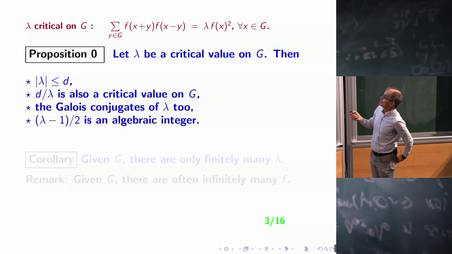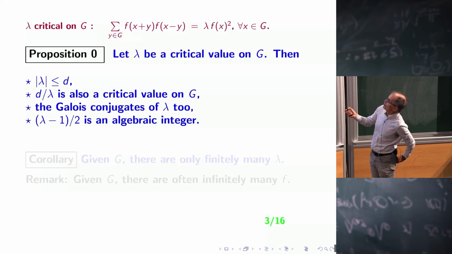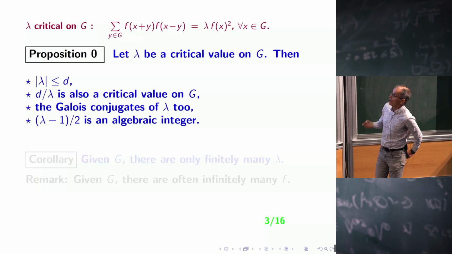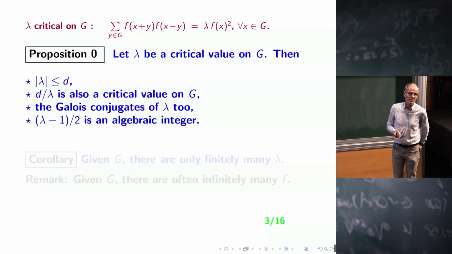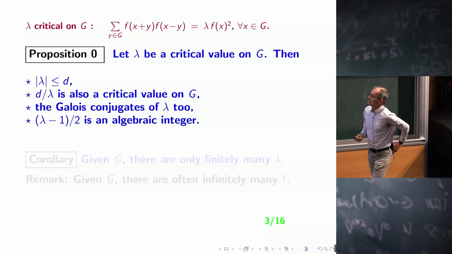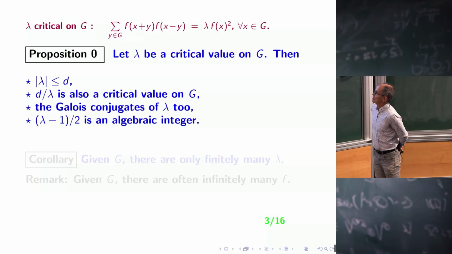So this proves that lambda is an algebraic integer. But then you look a little bit at this equation. These terms here occur 2 by 2, and there is one term here which is f of x squared that you put on the right-hand side. So you get lambda minus 1, and those terms are 2 by 2. So this is why lambda minus 1 over 2 also is an algebraic integer. So this is a nice piece of information on the critical values.